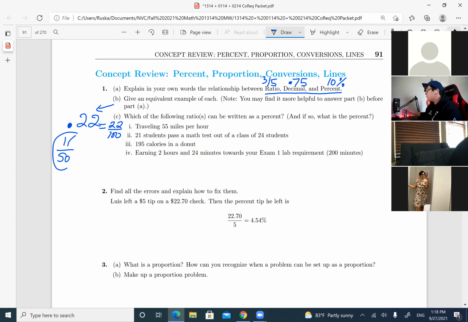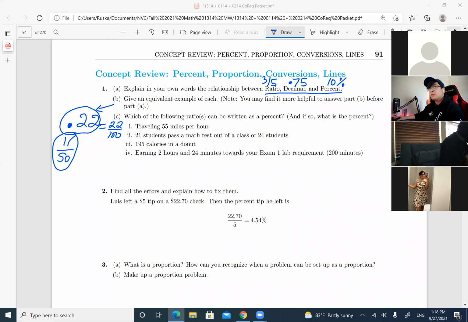Okay, so this is the fraction. This is the decimal. Now, can you give me the percent? How do you get the percent? If I have 11/50, or if I have 0.22, how many percent is that?